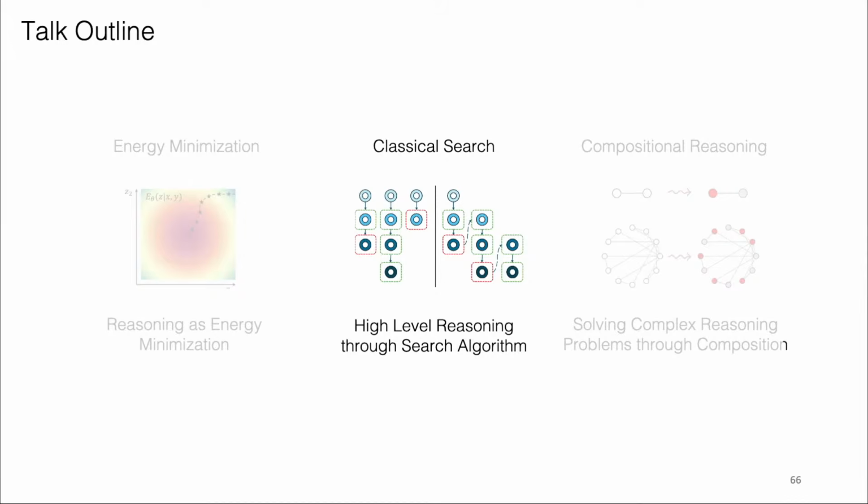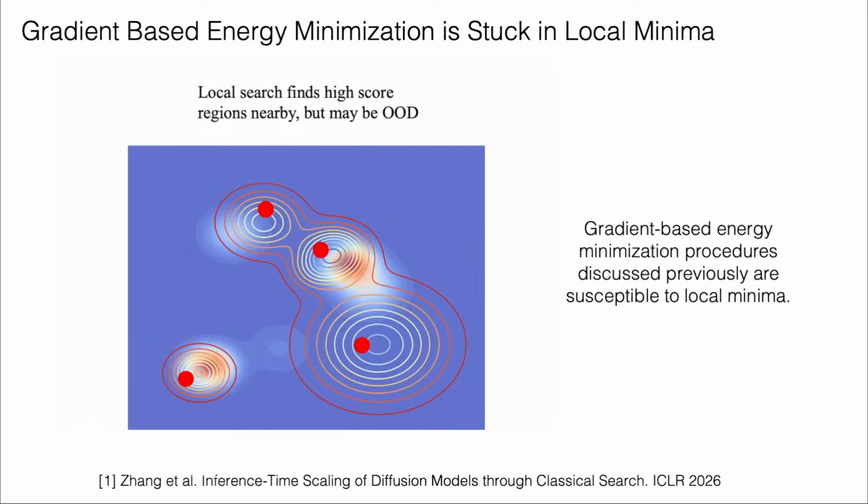So the next part I'm going to talk about pretty briefly is how, once you have this energy interpretation of optimization, you can do some type of higher level reasoning over it. Earlier I talked about Langevin-driven sampling as well as this type of gradient-based optimization.